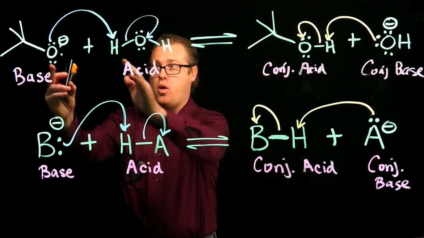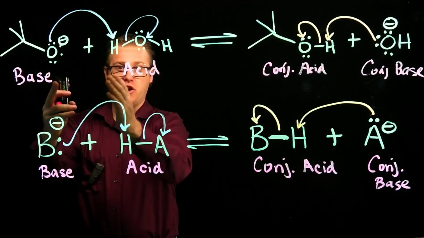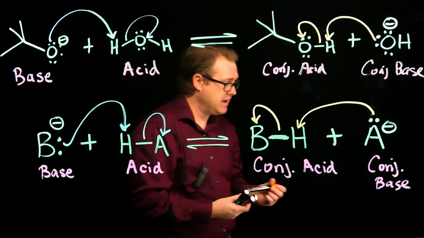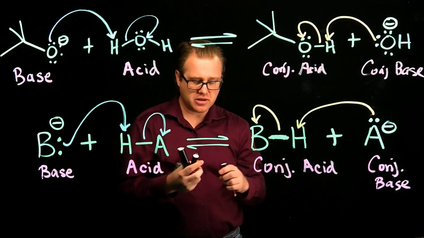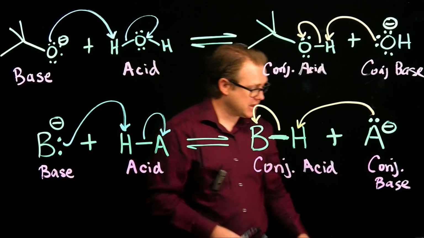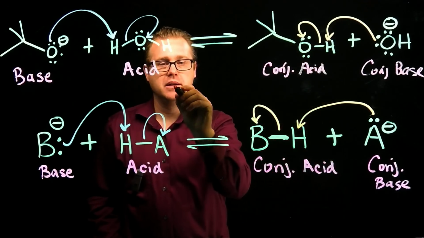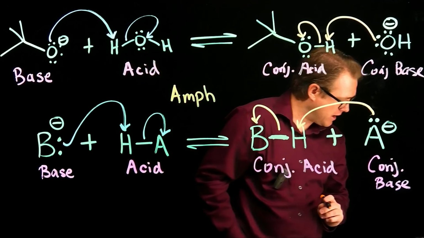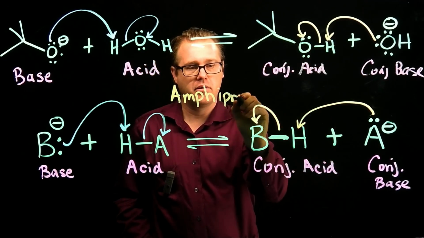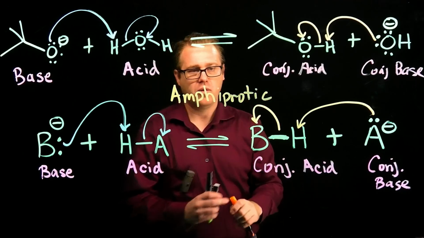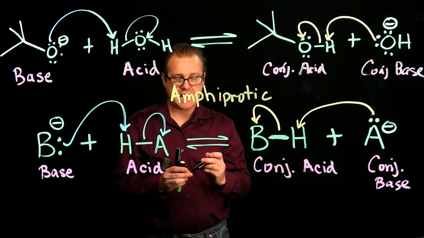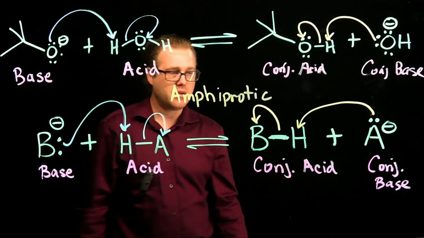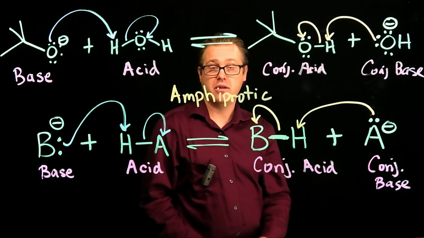You have to look at the whole reaction to determine if water is going to behave as an acid or a base. And when a molecule can behave as an acid or a base, there's a special word for it, and it's spelled this way. When a molecule can act as an acid or a base, it is called amphiprotic. And water is an amphiprotic molecule.